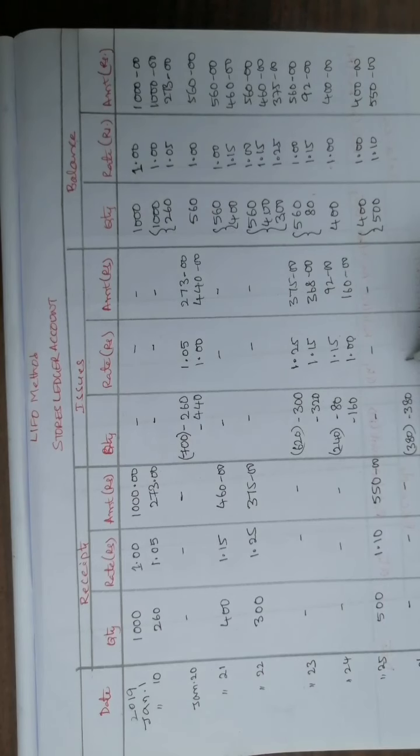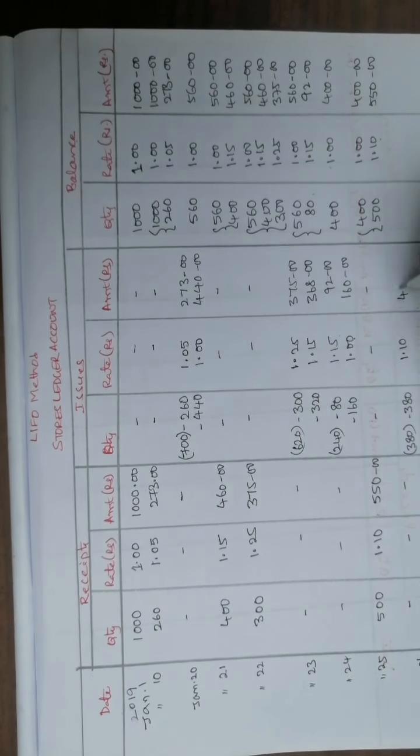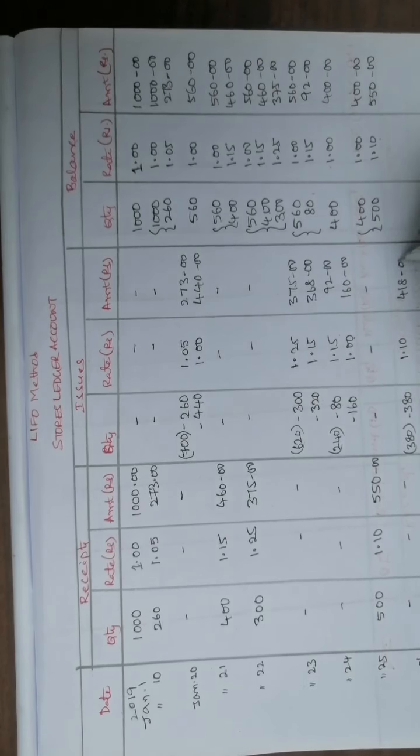So 380 at the rate of 1 rupee 10 paisa, that is, out of 500 units the rate is 1 rupee 10 paisa in the balance. So it is the same: 380 into 1 rupee 10 paisa. This 380 is taken from this 500, so the rate is also 1 rupee 10 paisa. When you multiply this, you will get 418 rupees.